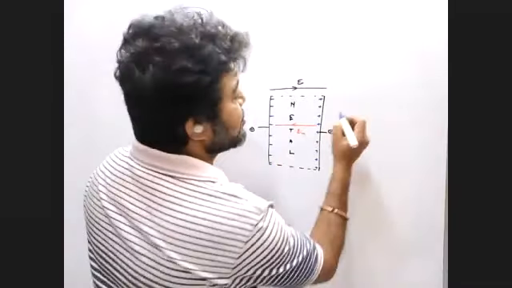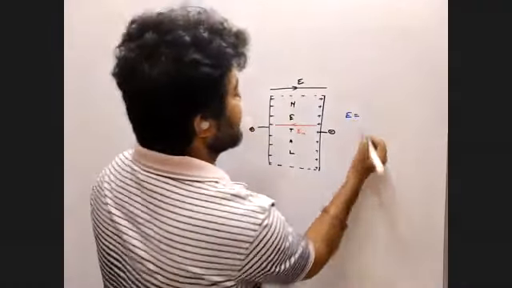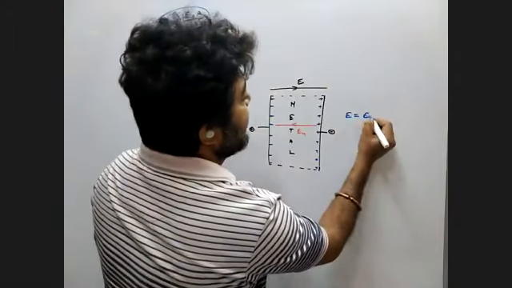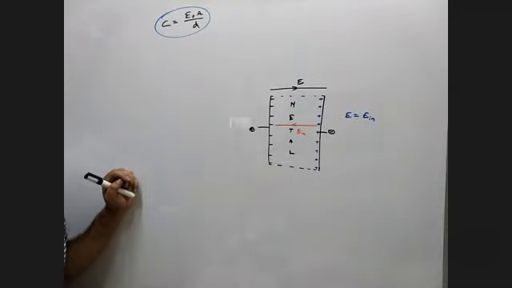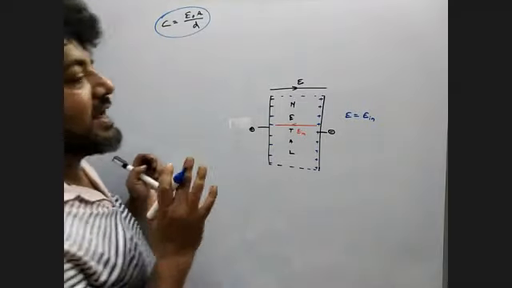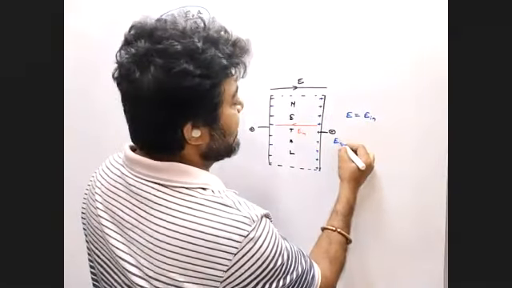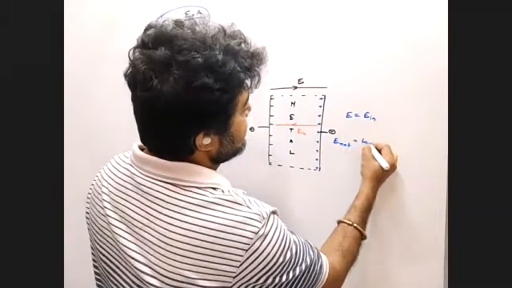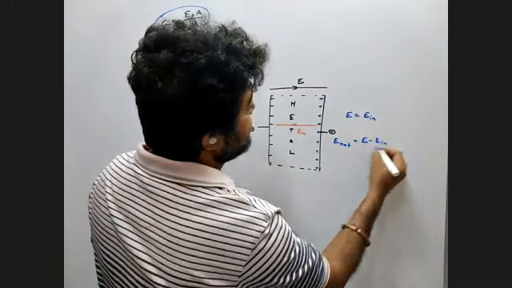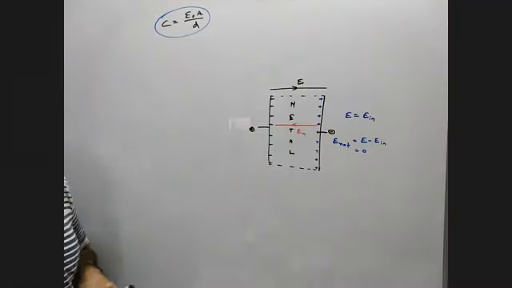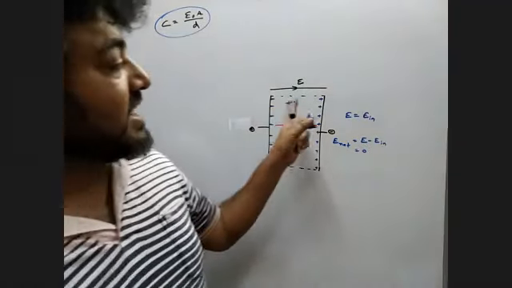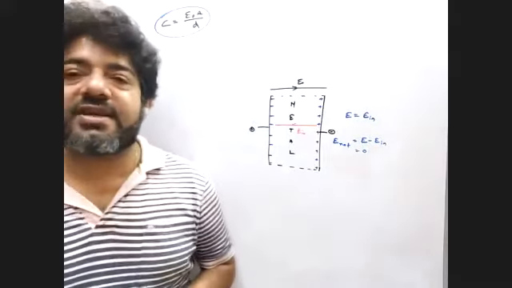So within a very short interval of time, the external electric field and the induced electric field are equal. As they are equal, E net, that is E minus E induced, is 0. So that's why when you insert a metal, inside the metal your net electric field is 0.